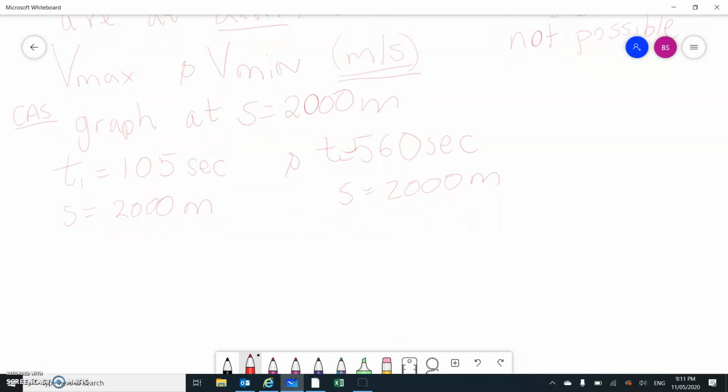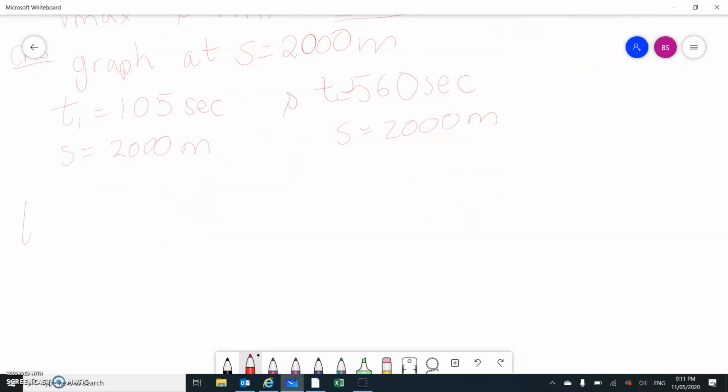So velocity, if you look at the units, is just meters divided by seconds, meters per second. So I'm just going to write it out. For T1 equals 105 seconds, Vmax, 2,000. Now you don't know which one's the max or min. I know because I've worked them out already, but you could just work them out, and then by looking at the numbers, you'd be able to see which is the min and which is the max.